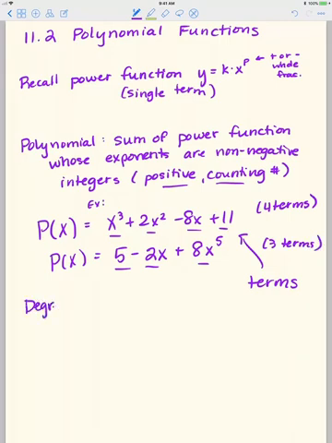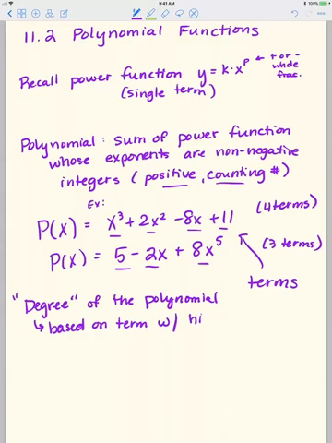You'll be asked to identify the degree of the polynomial, and the degree of the polynomial will essentially just be based on whichever power is the highest, based on the term. So wherever the highest power or exponent lives, that will determine what the degree is.